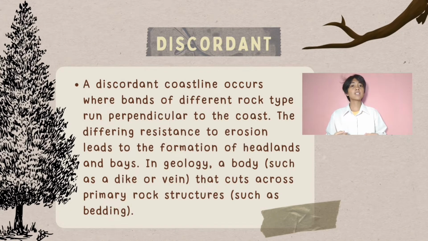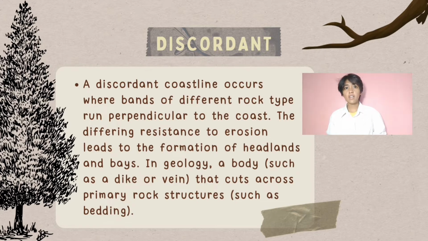Discordant is a coastline that occurs where bands of different rock type run perpendicularly to the coast. The differing resistance to erosion leads to the formation of headlands and bays.